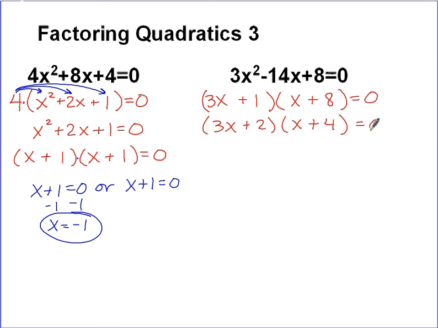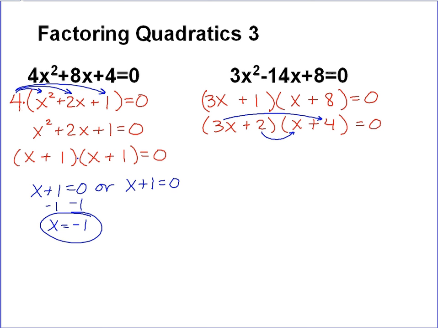Wait a minute though, the order kind of matters here, because this 3x, when I multiply this out, is going to get multiplied by the number on the end. So 3x times 4 is 12x, but this could have been in different order, where the 2 was over here, so the 3x got multiplied by the 2. Whatever's in this spot is only going to be multiplied by x, so it won't be magnified as much as this will over here.